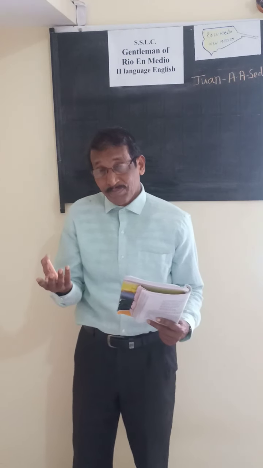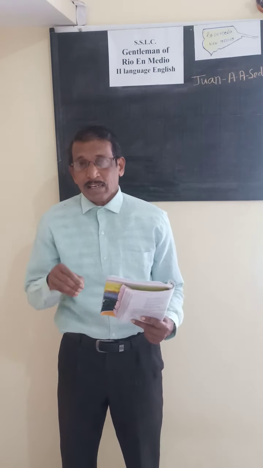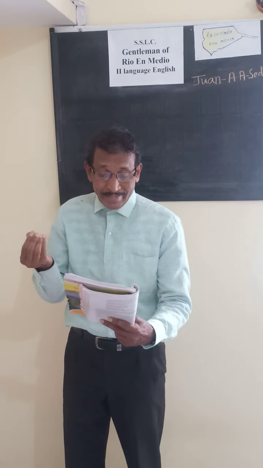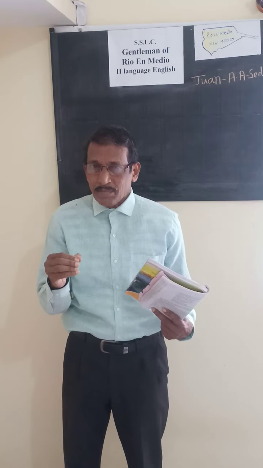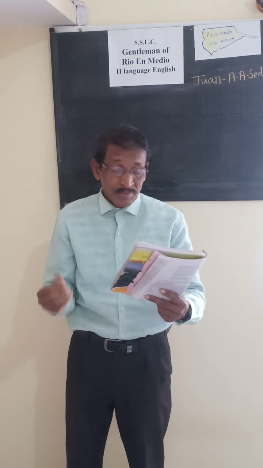His ancestors had done cultivation, and the same thing this gentleman has also done. His house was small and wretched. Wretched means unpleasant. And quaint means old-fashioned but attractive. The house of this gentleman was quaint and wretched.